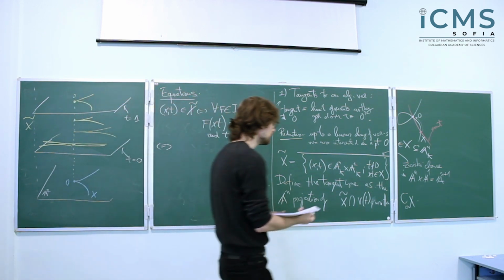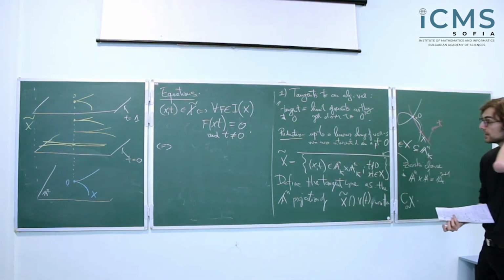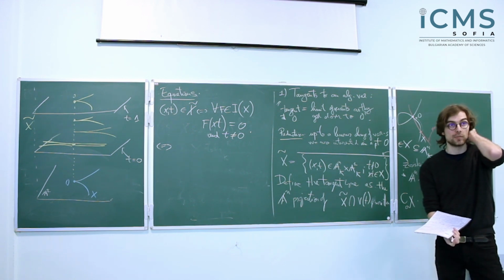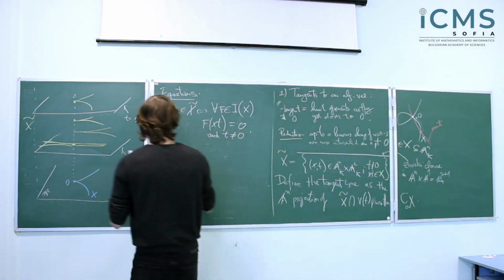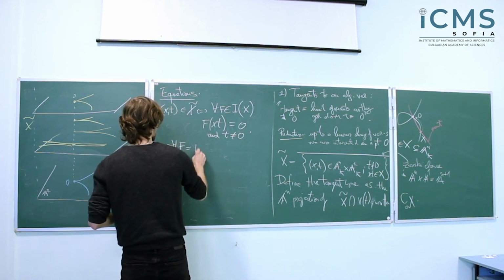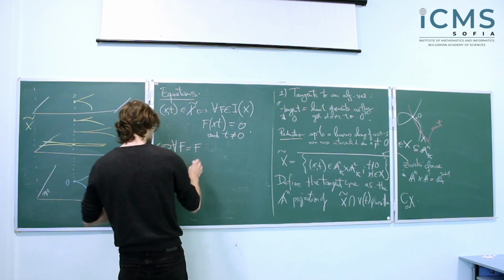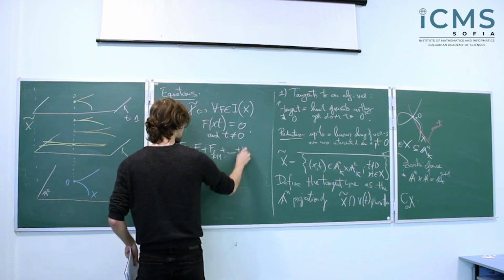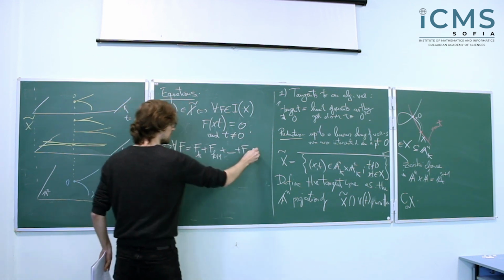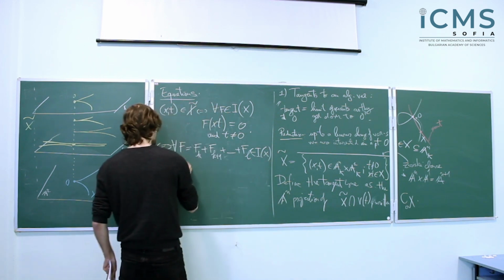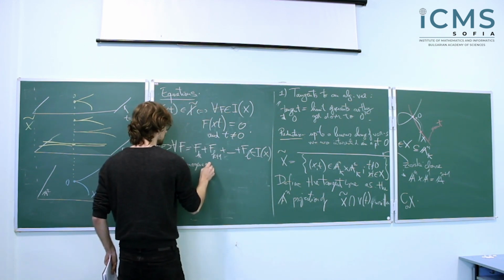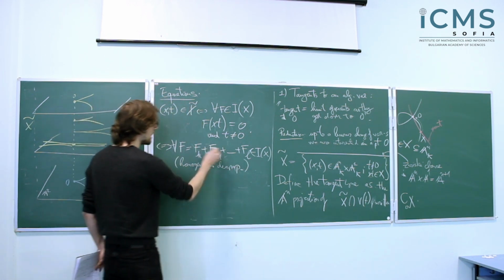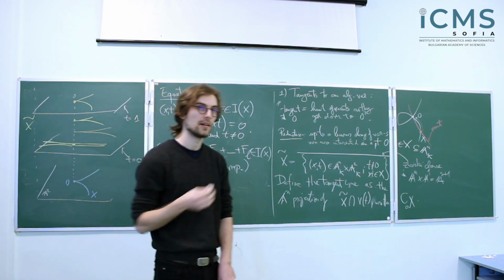Now I need to use a tool that we already mentioned a little bit, especially talking about projective space. We need the homogeneous decomposition, right? So let's see, what are my notations? So f will be inside the ideal of X, and this is the homogeneous decomposition. That means that every f_k here is a homogeneous polynomial.